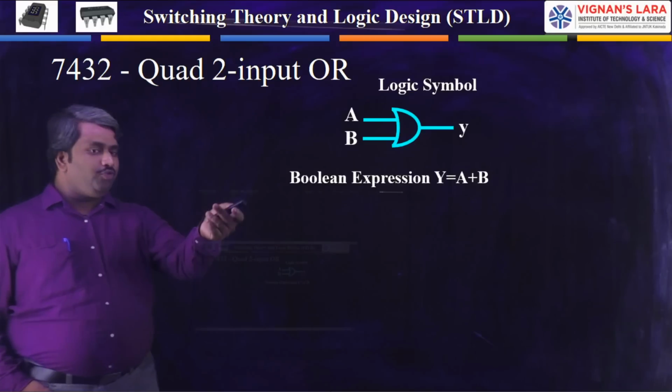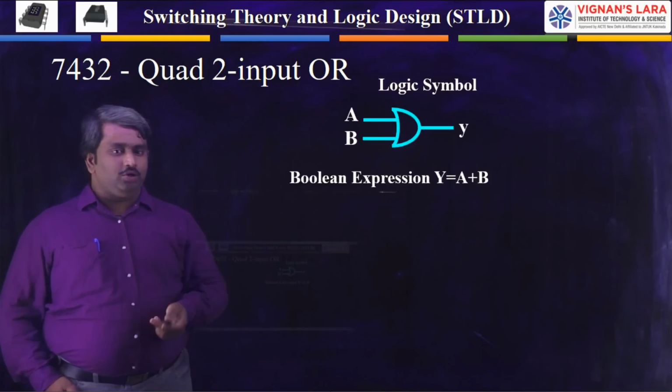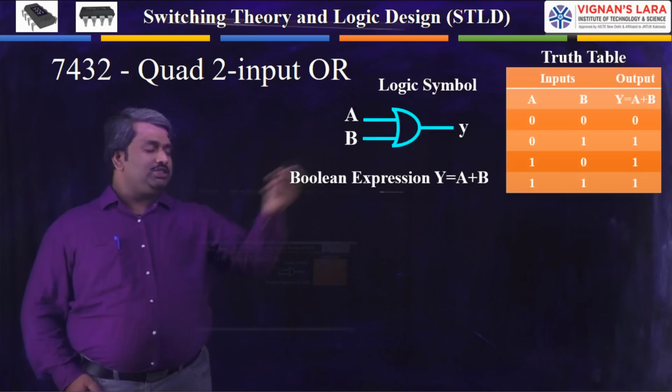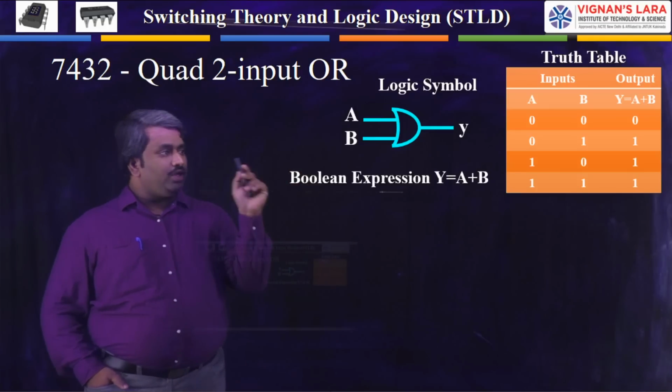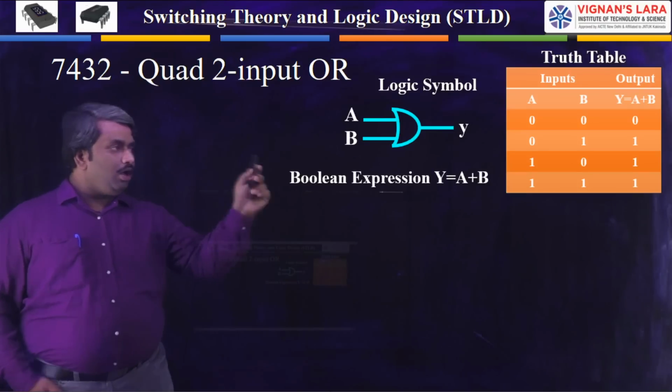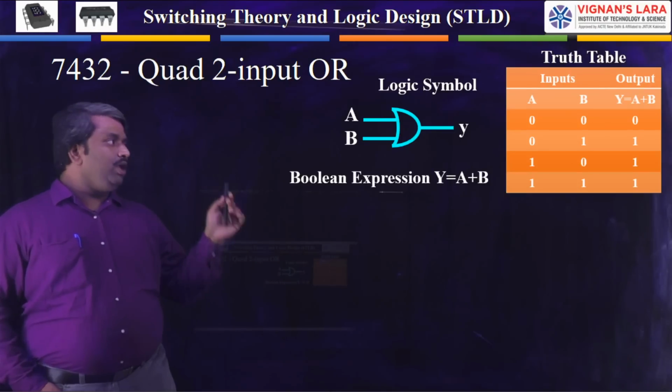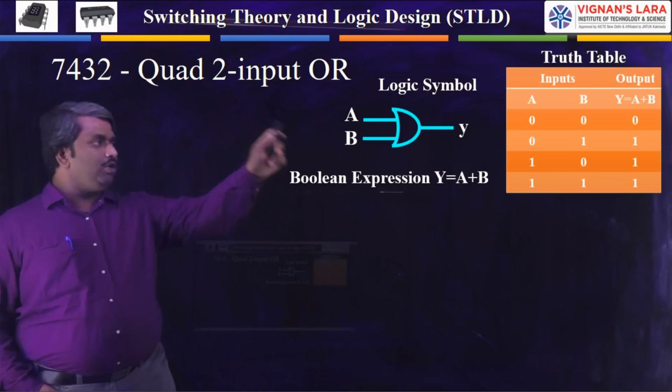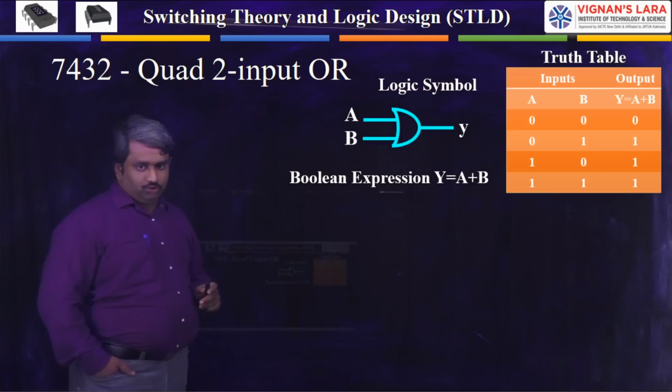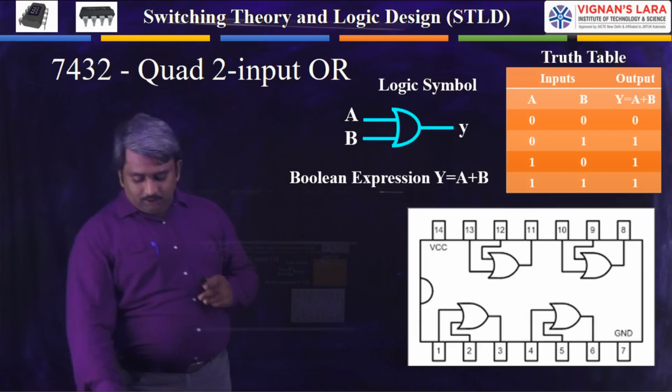Coming to the Boolean expression, Y is equal to A plus B. Next, this is the truth table. If any one of the inputs is equal to 1, the output is equal to 1. If both inputs are 0, 0, then only the output goes to 0. So this is the truth table description.